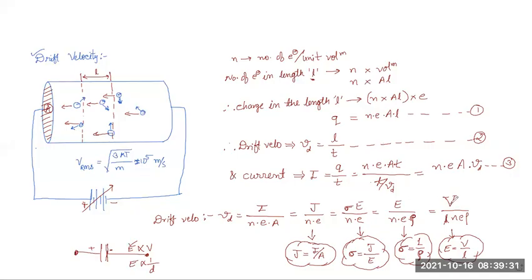If you increase the voltage, the electric field increases. To get from this step to this step, we have to make this assumption. Most of our numericals and questions at the NEET level need an understanding of these many variations for the same drift velocity.